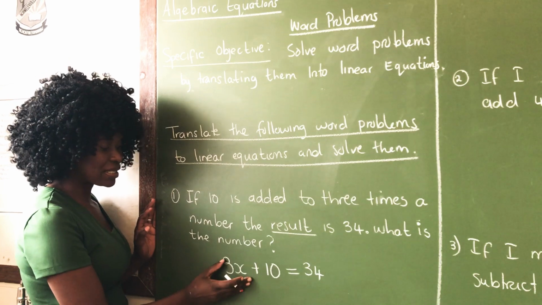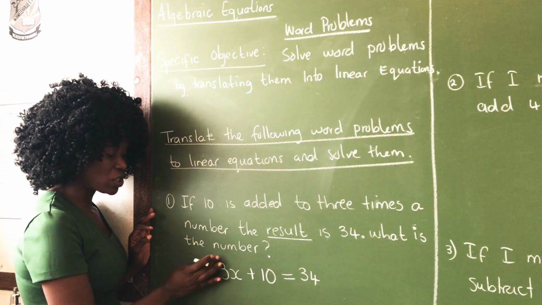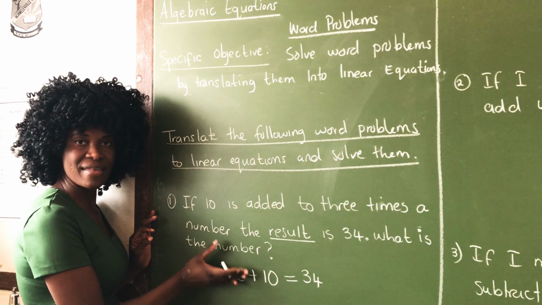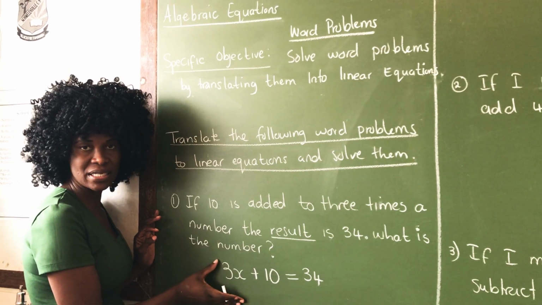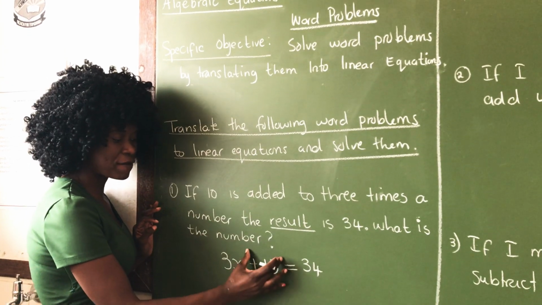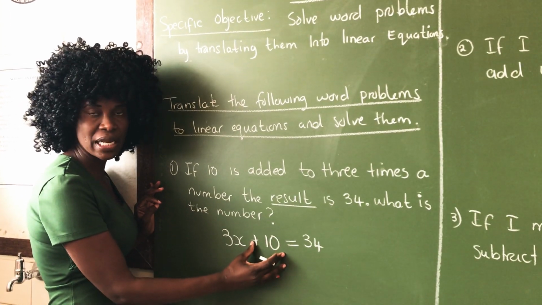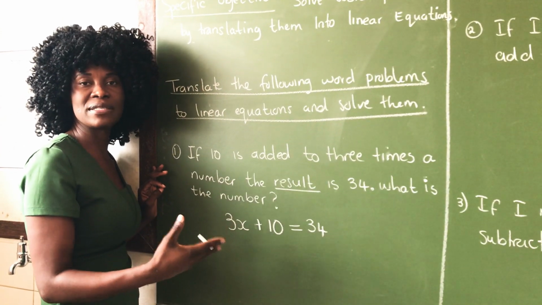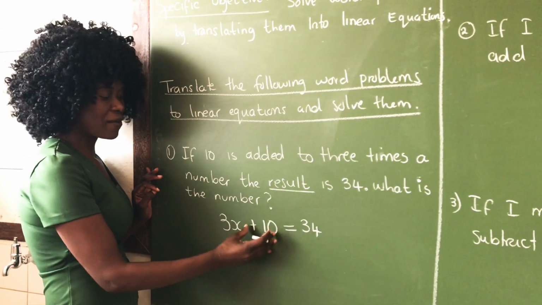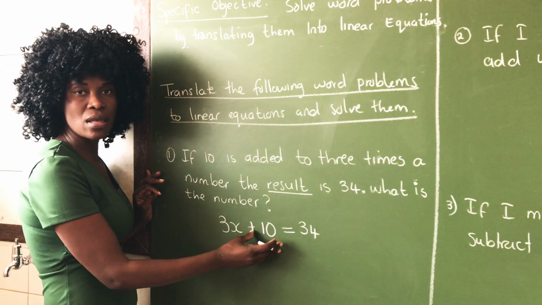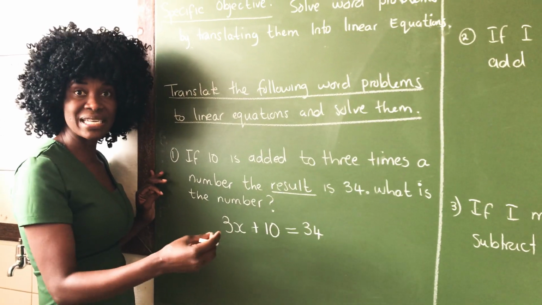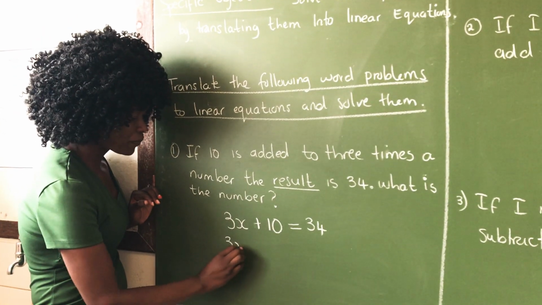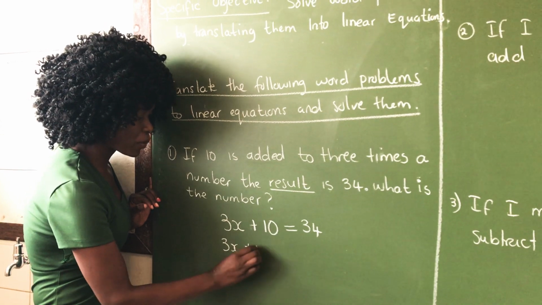So what happens here is I need to be left with where the variable is. I need to be left with the term that is a variable. So first and foremost, I'll first get rid of the positive 10. Now to get rid of the positive 10 means that I must get a 0. Now in order for me to get a 0, I need to bring in the opposite of positive 10, which is minus 10. So I'll bring down the 3x, plus 10.